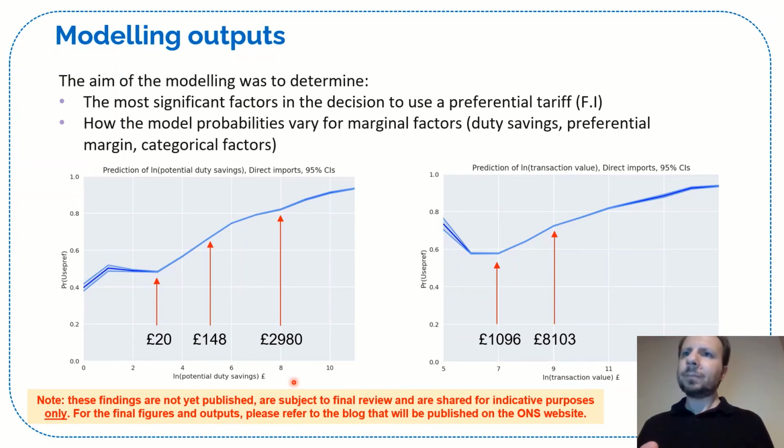And now, on the right side of the slide, we see the effect of transaction value on the probability of utilization. Again, we see that for transaction values above £1,000, there is a linear relationship between the transaction value and the probability of utilization.